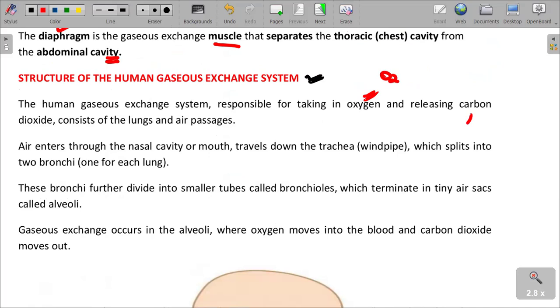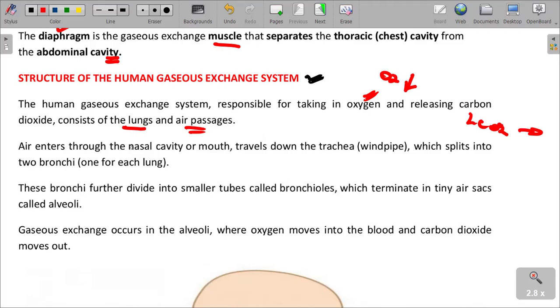Carbon dioxide is given out and oxygen comes in. It consists of the lungs and air passages that we are going to look at.